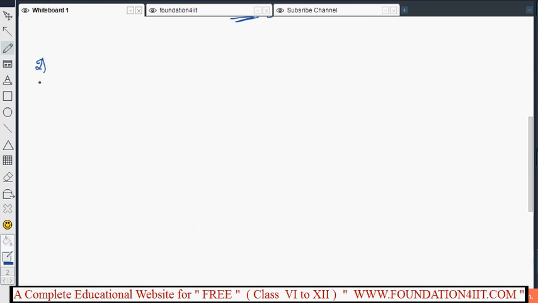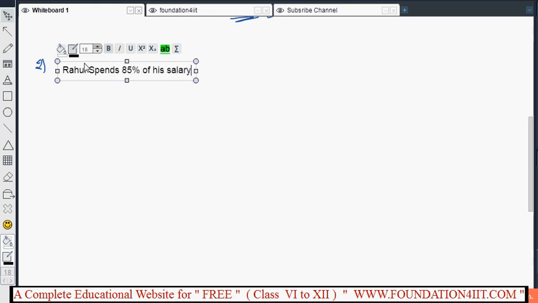And see one more question. Rahul spends 85% of his salary and saves. So he's saving some amount, rupees 3120.